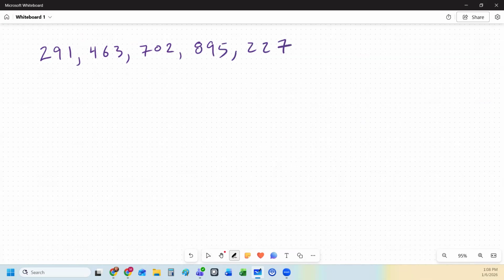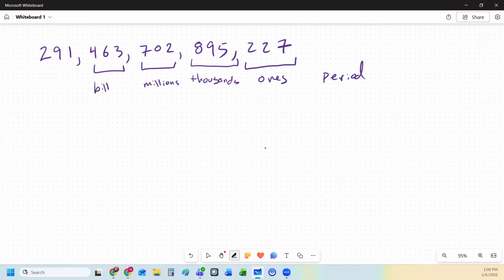each one of these is what's called a period. Each one of these little 3 sets of numbers is a period. This is the ones period. The next one is the thousands. The next one would be the millions, and then the billions, and then the trillions.